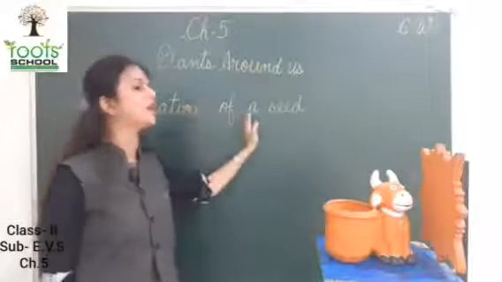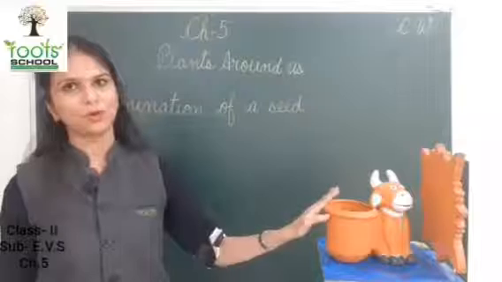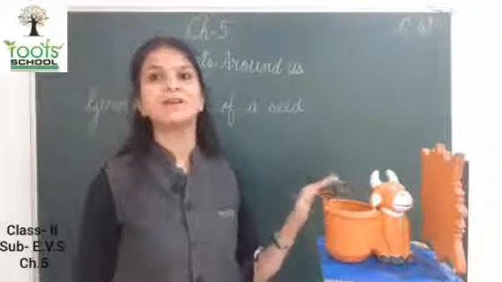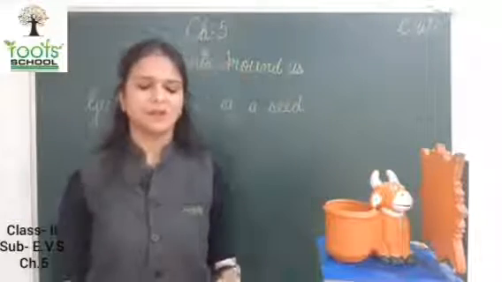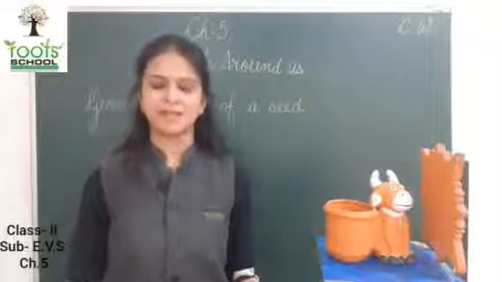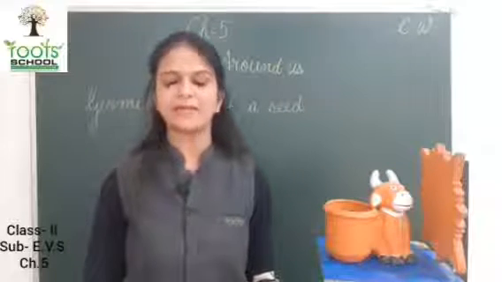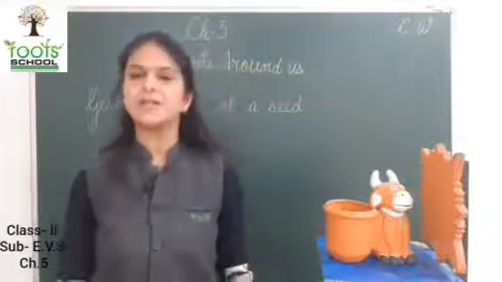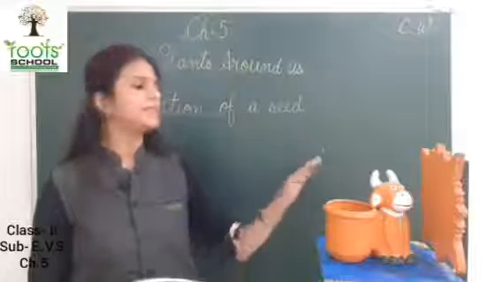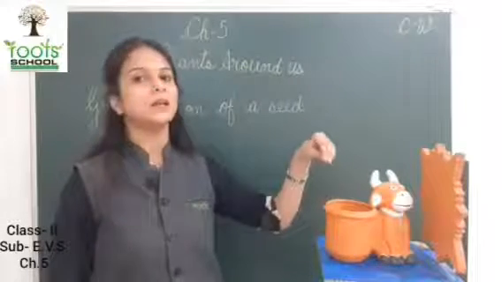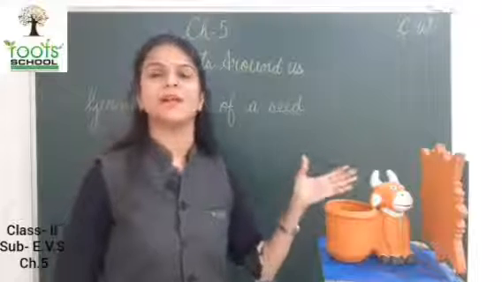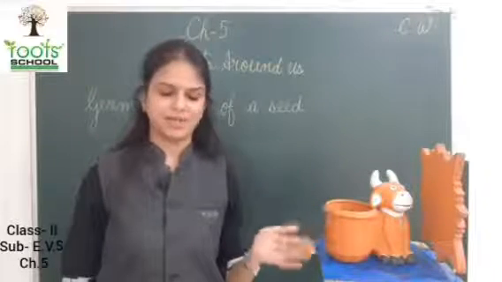Germination of a seed. That I have told you, how we can germinate a seed. The process by which a seed grows into a seedling is called germination. मतलब जिस process से हम seeds को grow करते हैं वो क्या कहलाता है? Germination.